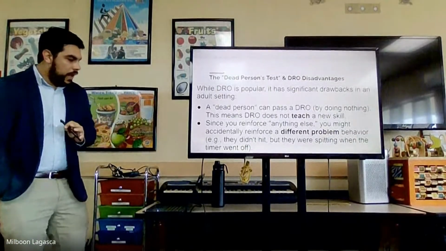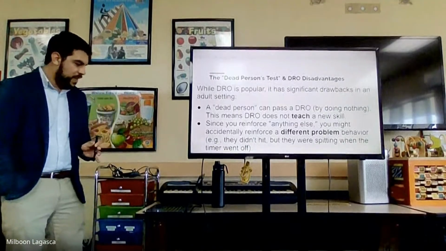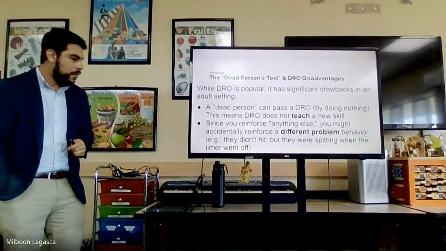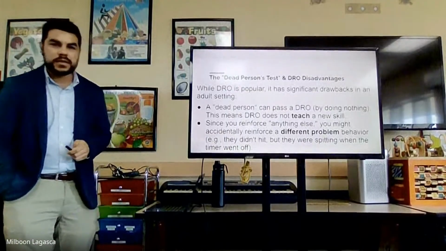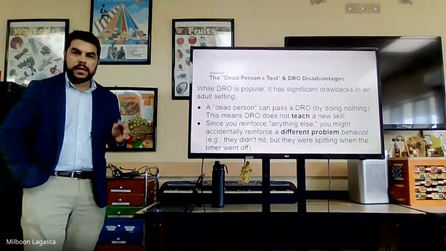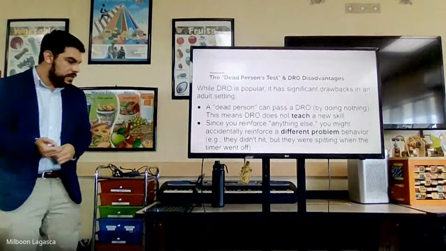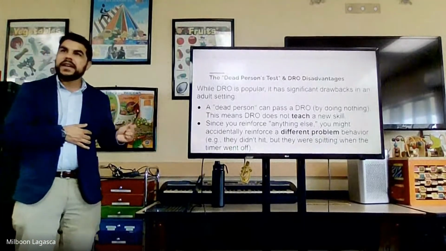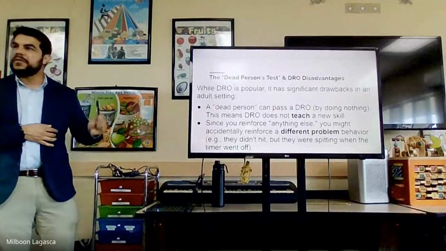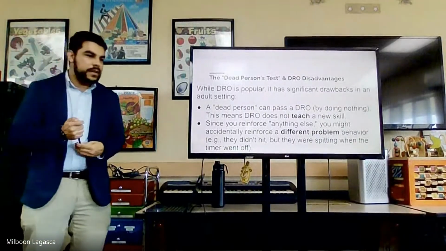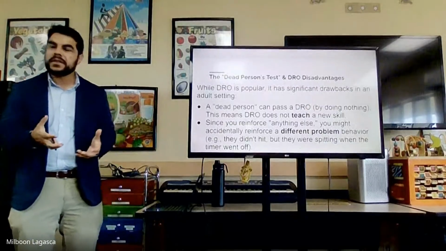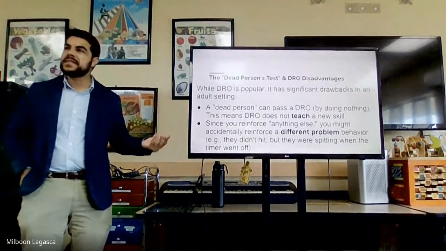And there are several, I would say, problems with DRO. It's not usually an intervention we want to implement across the board, like something like DRA. So, for instance, I think you guys would recall a few months ago when we first started talking about the basic principles of behavior, and we went over the dead man's test.